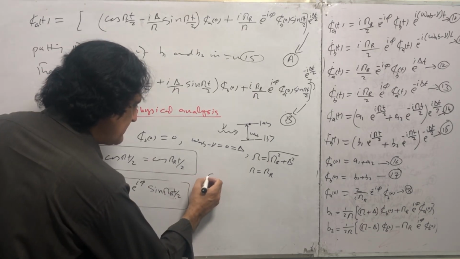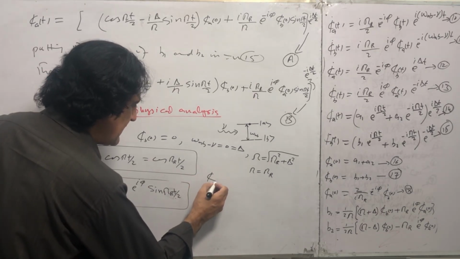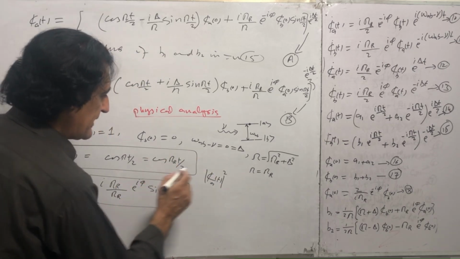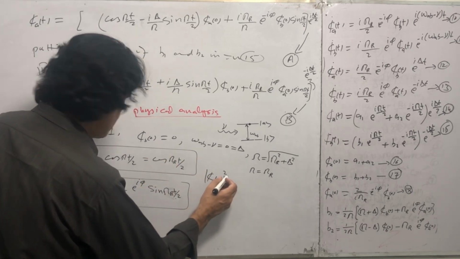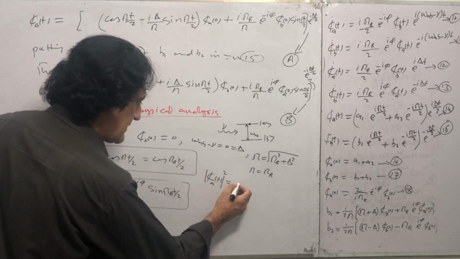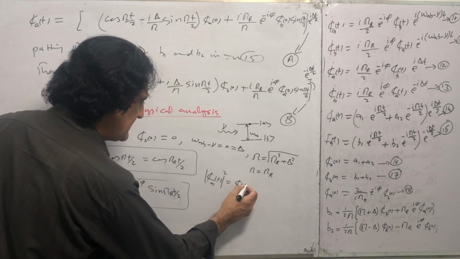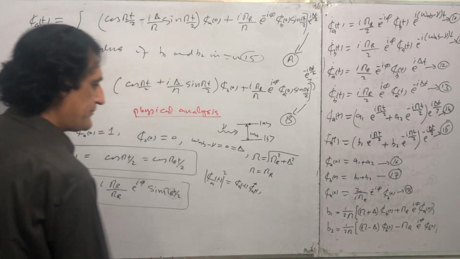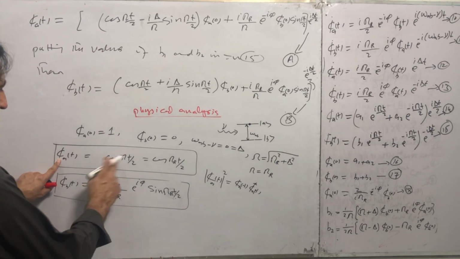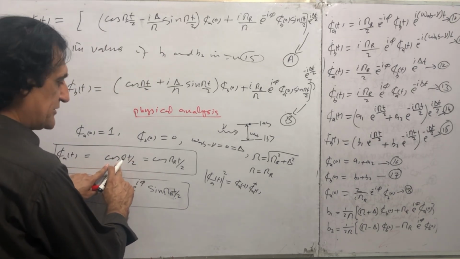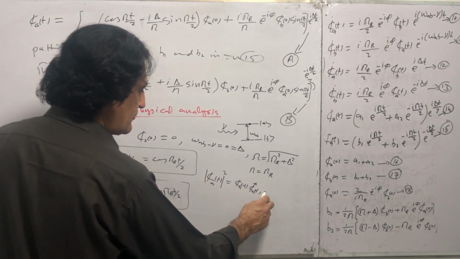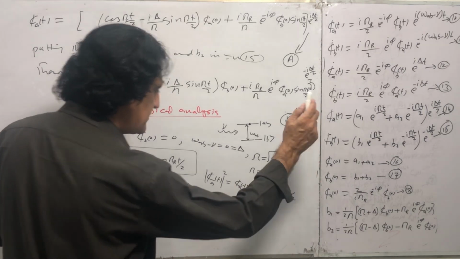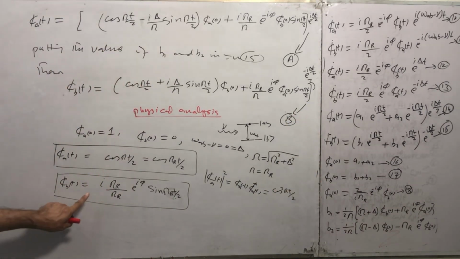The probability means Ca of t absolute square, and this is equal to Ca of t and Ca of t star. So this is an even function, so we get cosine square omega t divided by 2.